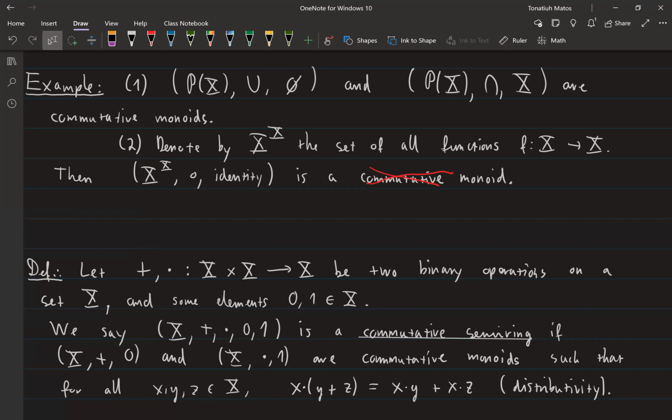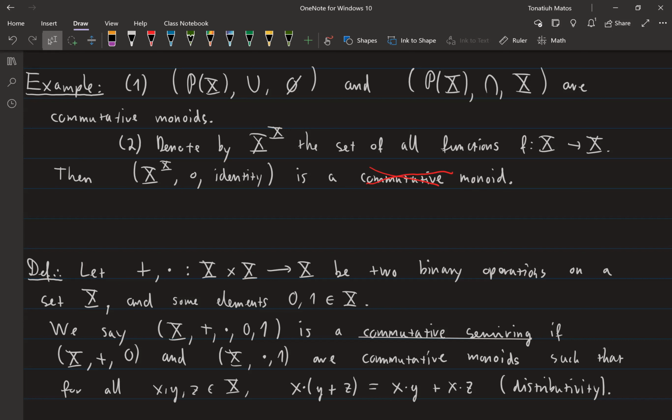This time we have two binary operations, and I'm already using the symbols plus and times, like a little dot. They could be defined differently. I'm not saying that this is the addition that you are familiar with from natural numbers. I'm just using the same symbol because, in most cases, that's what we're going to use it for anyway, right?